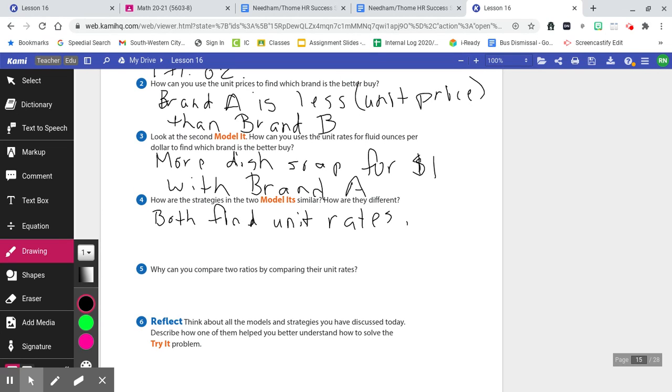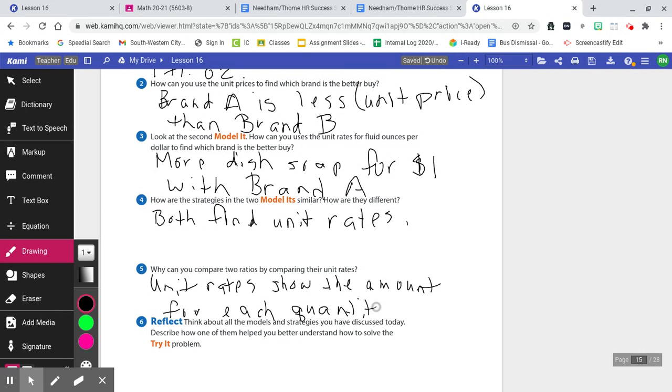So the unit rates show the amount for each unit of the given quantity, the amount for each quantity when I have 1. Then I can compare them.